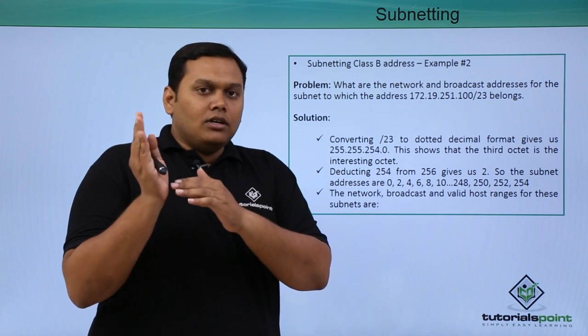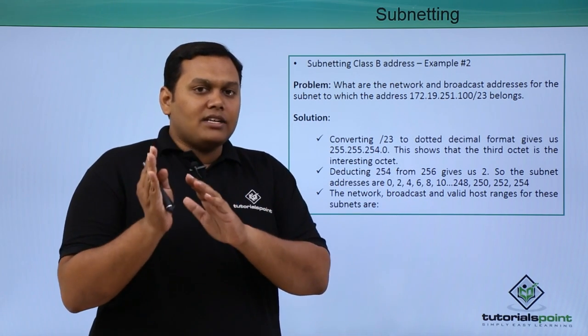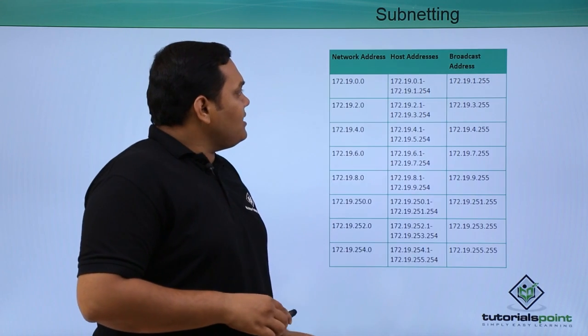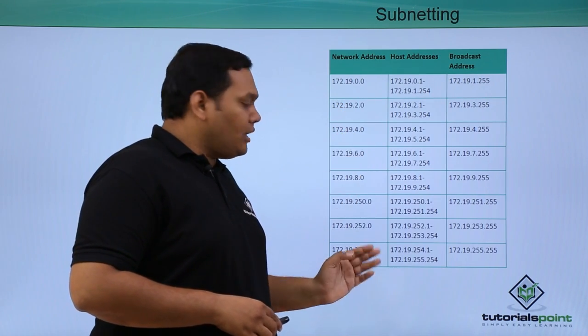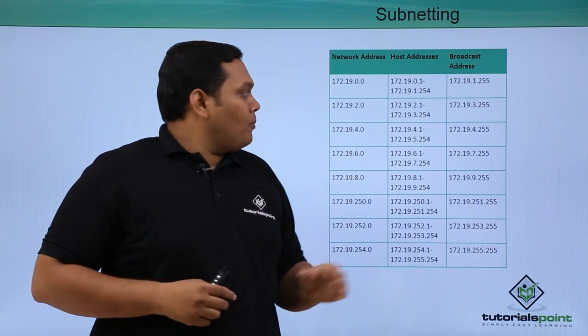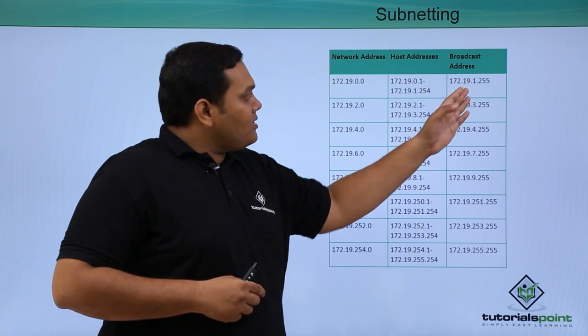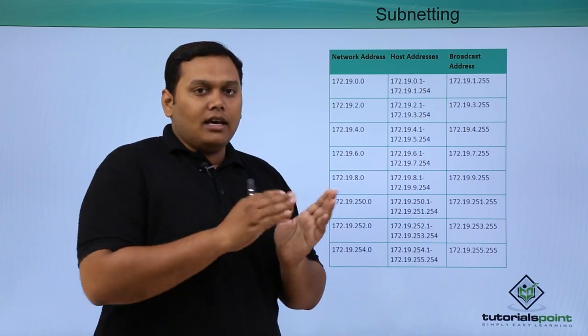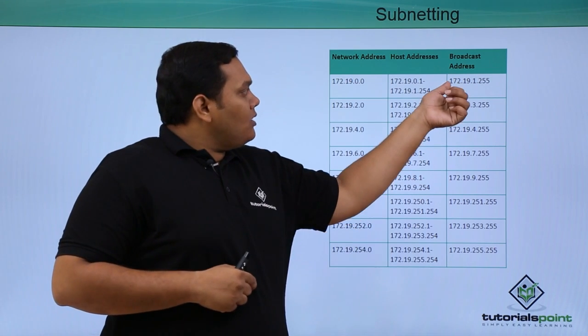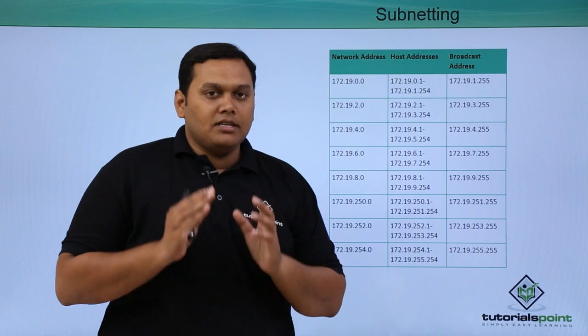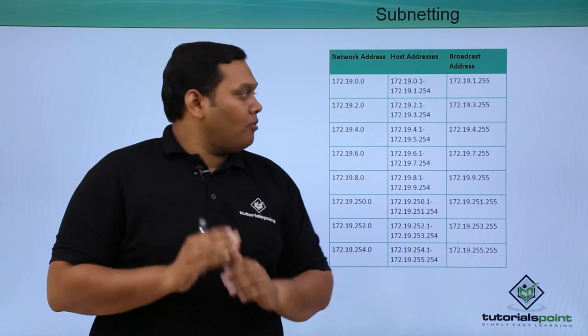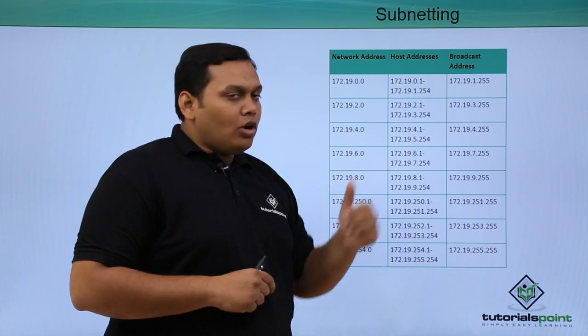The network addresses can be classified as 0.0, 2.0, 4.0 and so on till 254.0. In the same way, the broadcast address will be the last address in the range, so 172.19.1.255 is the broadcast address. The host address ranges from 0.1 to 1.254.